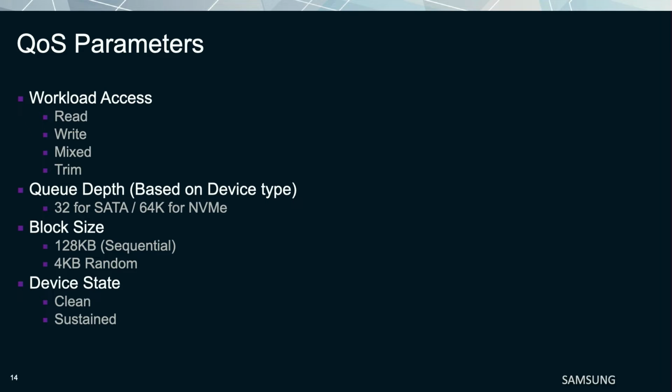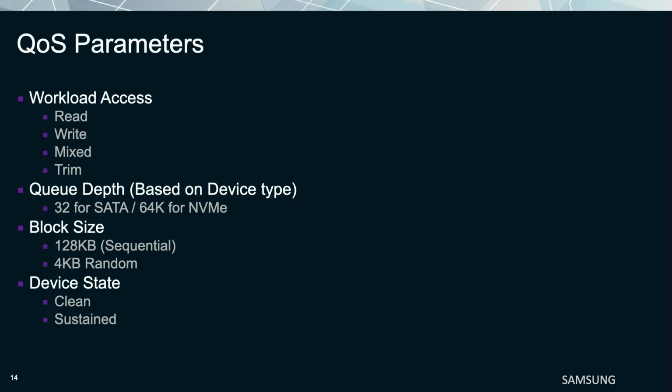Let's say 32 for SATA, that's easy to match, but the problem is with NVMe. It supports 64K queues, but normally it's very difficult for the firmware to maintain this 64K. So queue depth is important in this case.